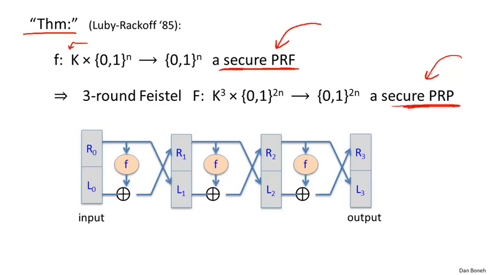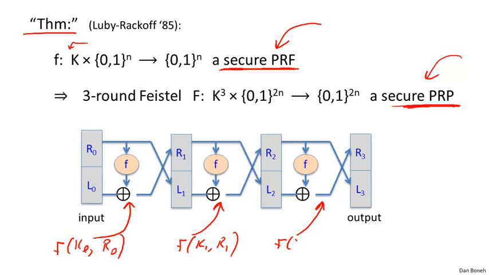Now let me explain in a little bit more detail what's actually going on here. Essentially, the PRF is used in every round of the Feistel network. Here what's computed is the PRF using one secret key, K0. Here what's computed is the PRF using a different secret key, of course applied to R1. And here we have yet another secret key, K2, applied to R2.